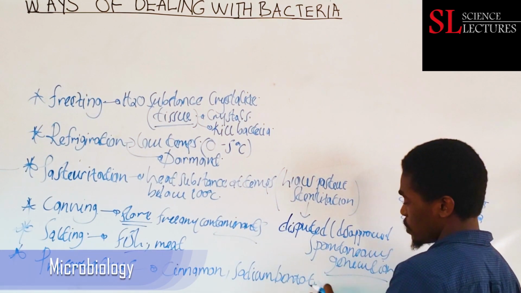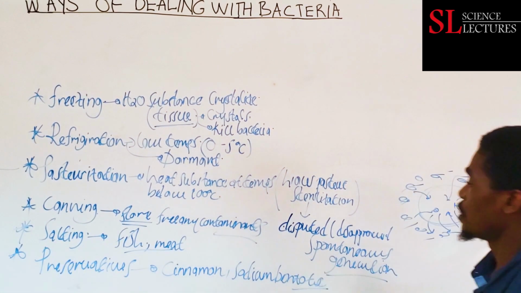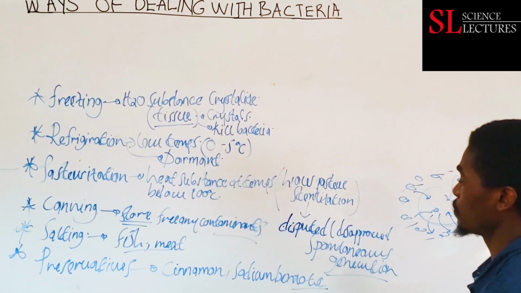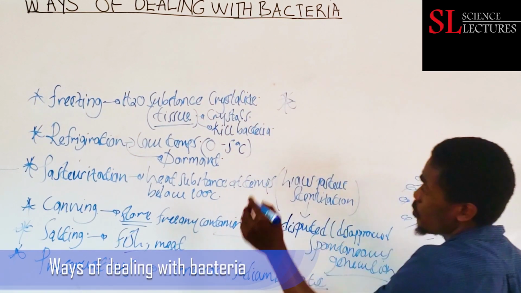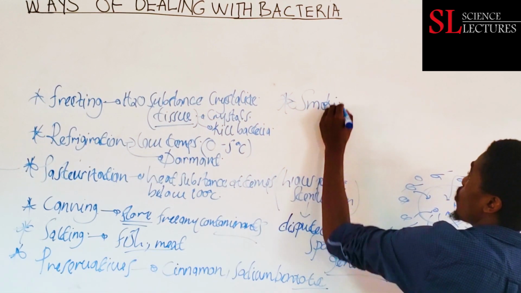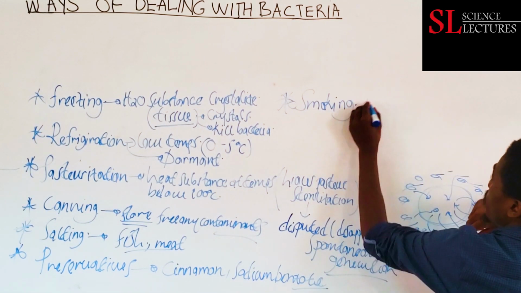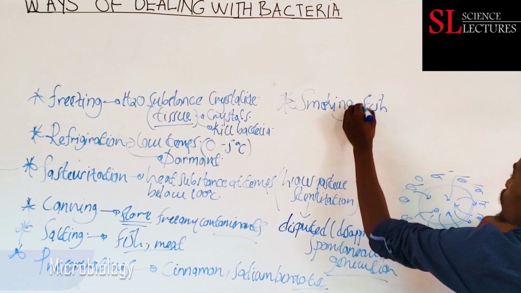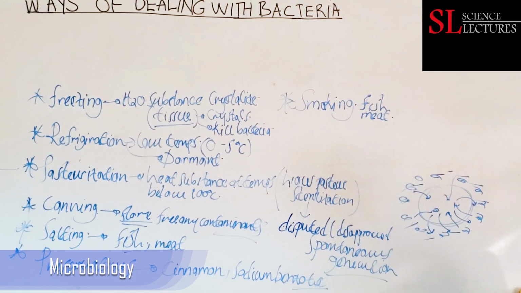However, sodium benzoate requires some degree of expertise, so we need experts if we are to use it. Then another method is smoking. We can smoke fish and meat in order to eliminate bacteria.